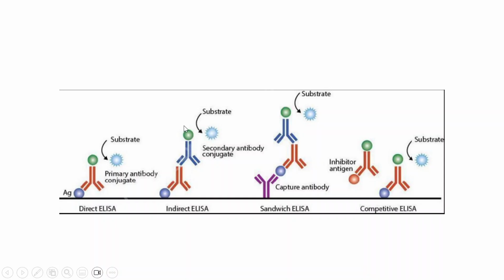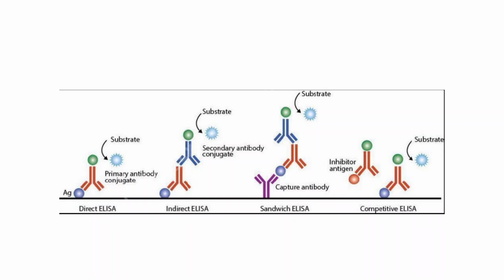So this green dot is basically the enzyme that is linked with this antibody. So the full form of ELISA is enzyme linked immunosorbent assay, right? So enzyme is linked to the antibody and that substrate reacts to that enzyme to give a product that will give a color or that will give a luminescence.